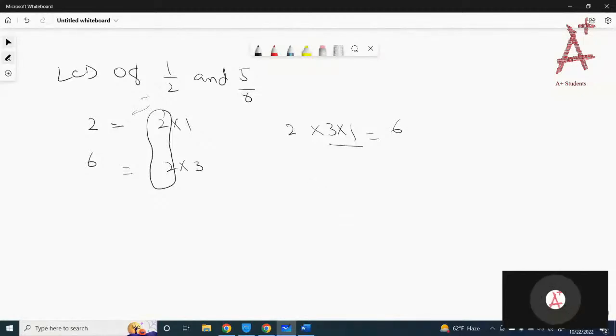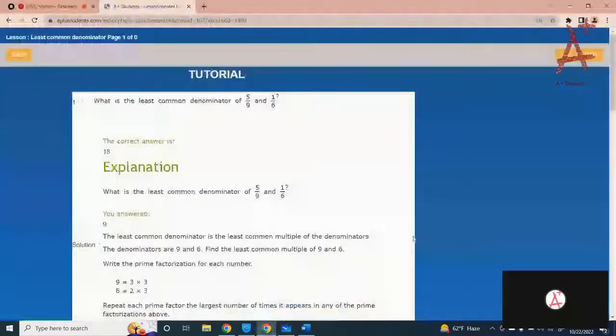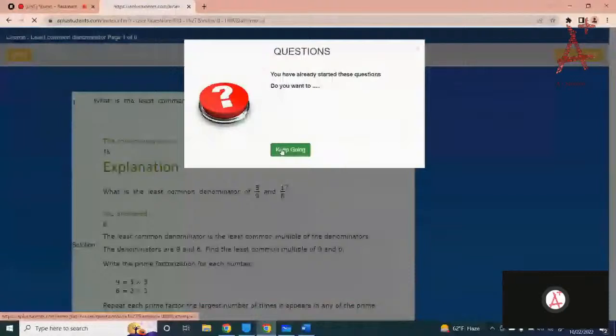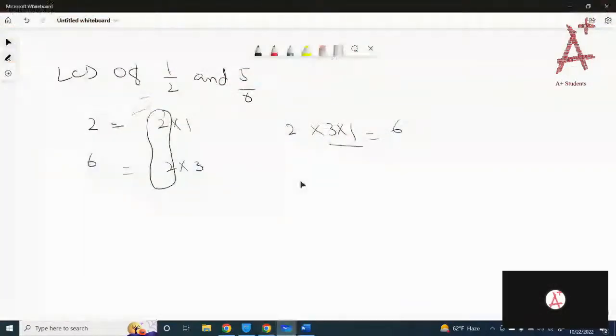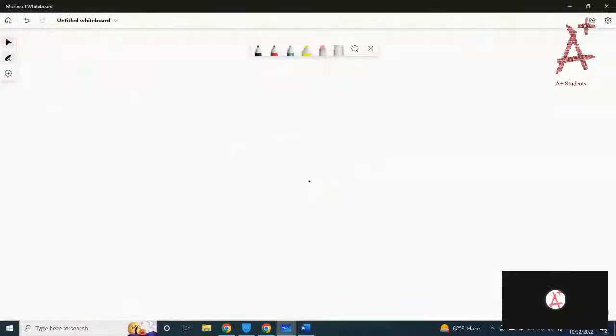Okay, let's start with the test one. What is the least common denominator of 7 by 8 and 11 over 12? Okay, 7 over 8 and 11 over 12.